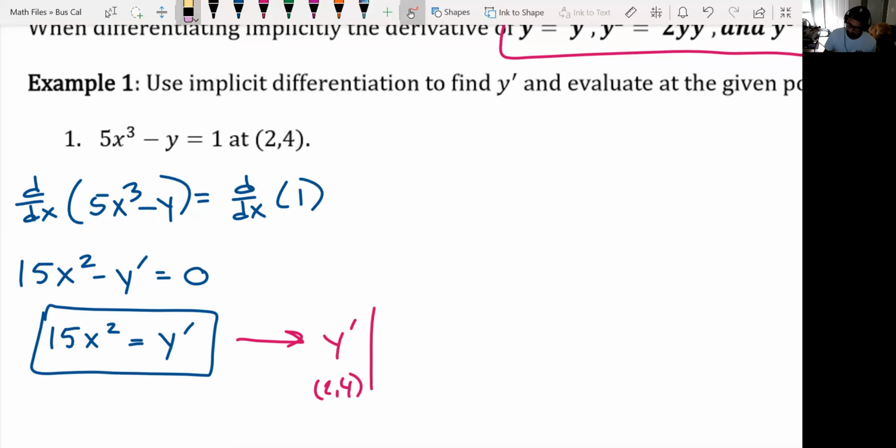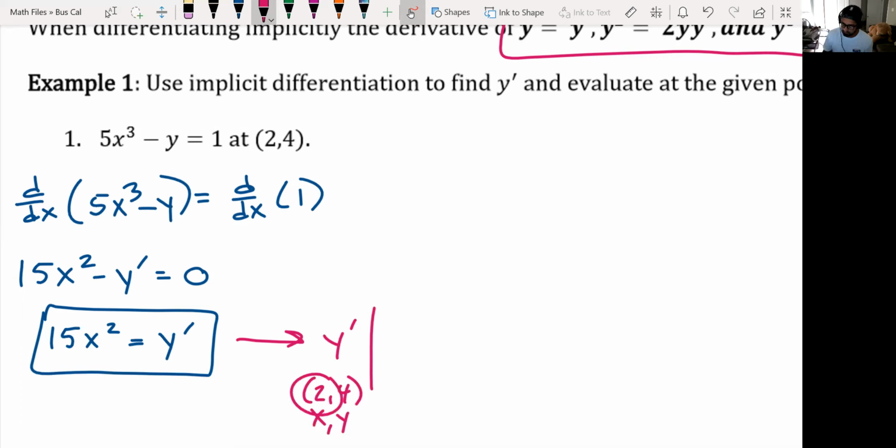I'm just not liking that. One moment. There you go. So remember, a point is x, y. So this says plug in 2 for x and plug in 4 for y. Well, we don't have a y value. We have a y prime, but we don't have a y.